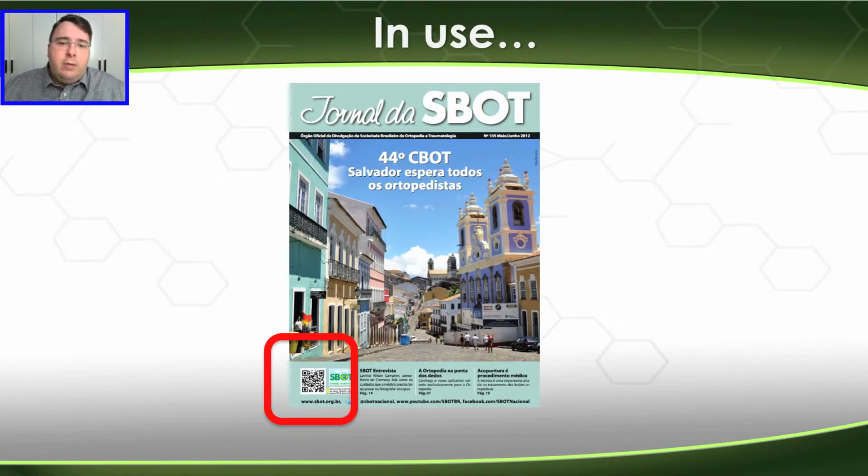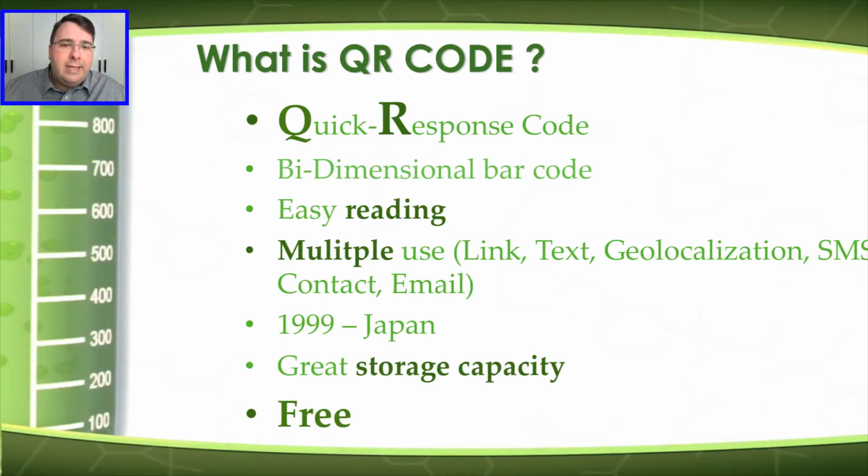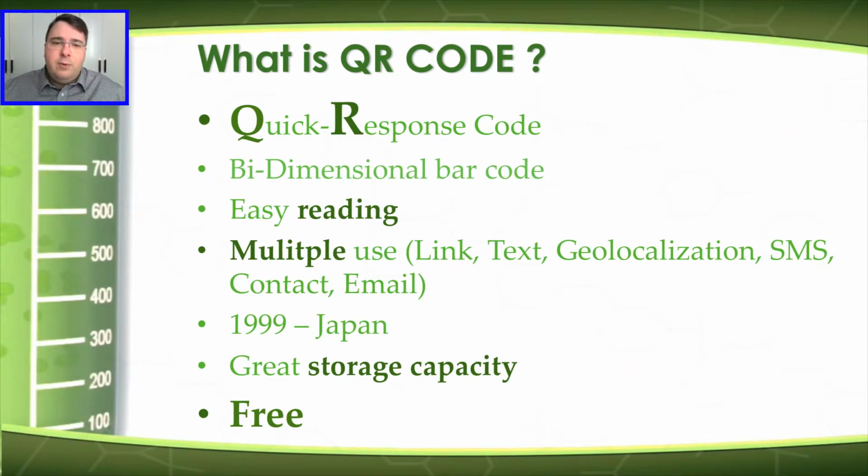Let's see. This is an example from the Brazilian Orthopedic Association magazine. We see QR codes every day, but we don't use them in medicine, and we can. What is a QR code? The QR code is a quick response code.